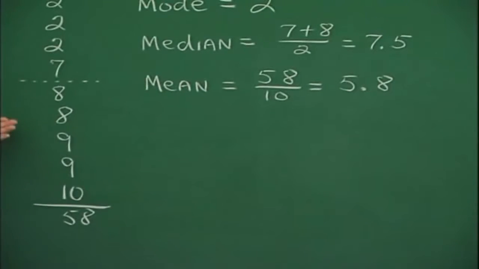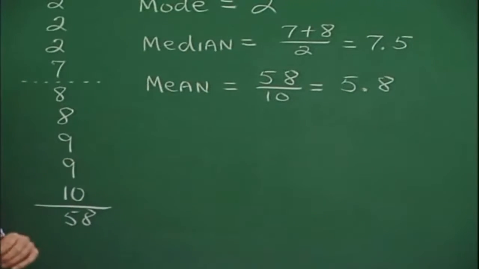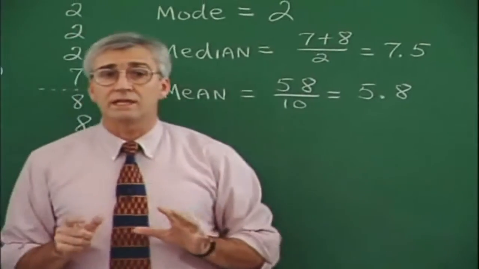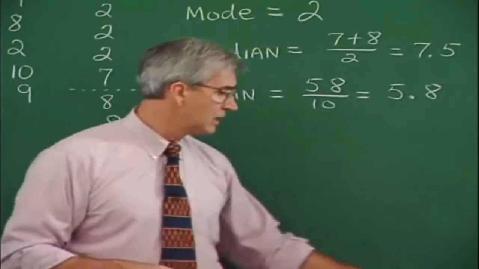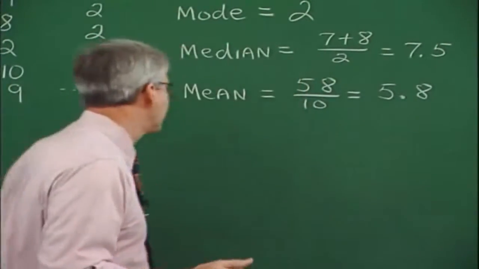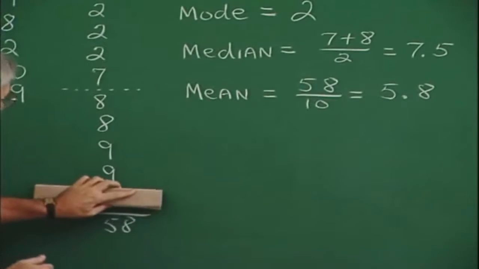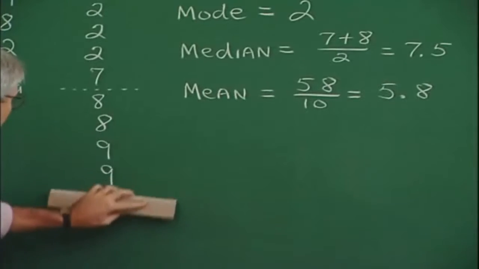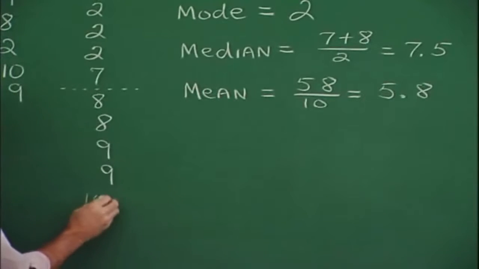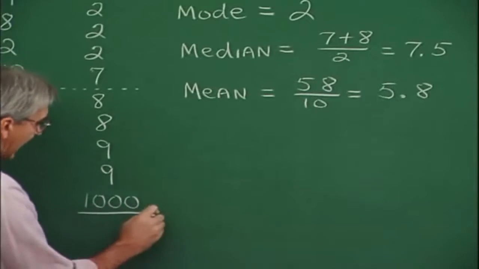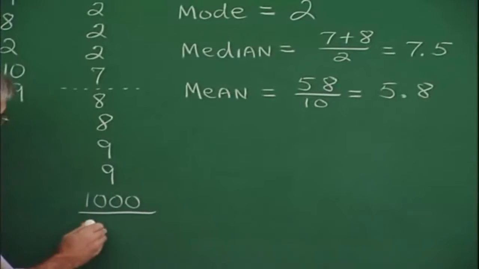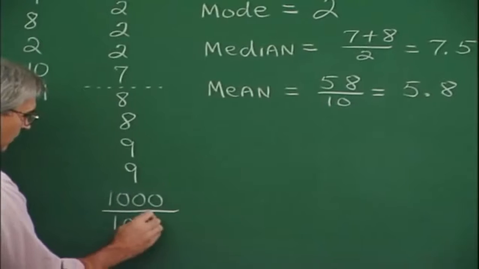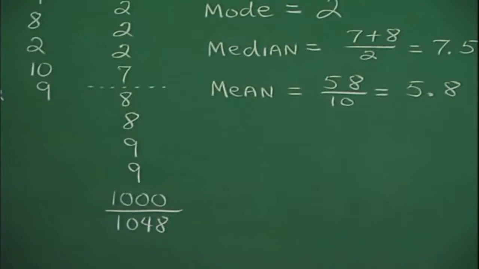Now, I mentioned the downside of the mean, and that is that it can be affected by extreme values. Let me show you an example of that now. Suppose that the top item, instead of being 10, turns out to be, let's just make it 1,000. Then adding here, we would get 1,048.